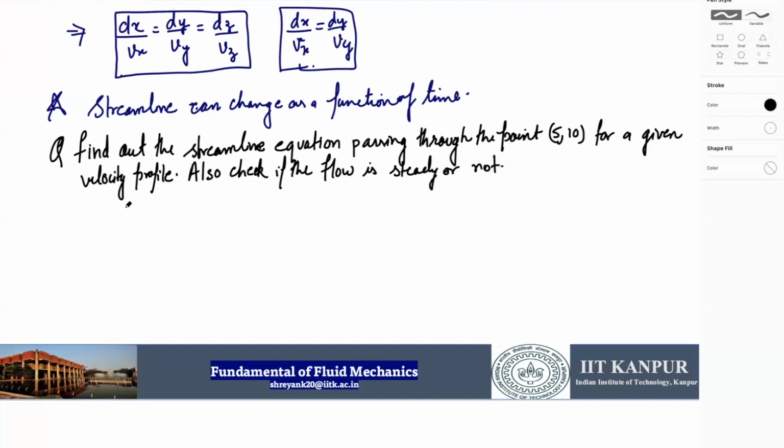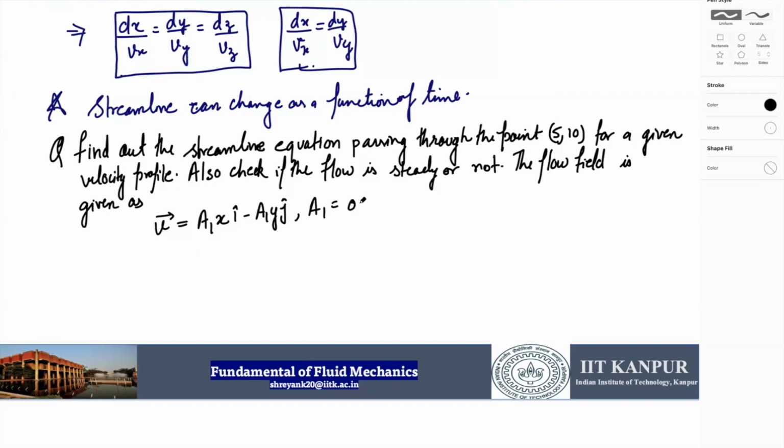The flow field is given as V is equal to A1 x i cap minus A1 y j cap, where A1 is given to be 0.5 per second, and x and y are in meters.